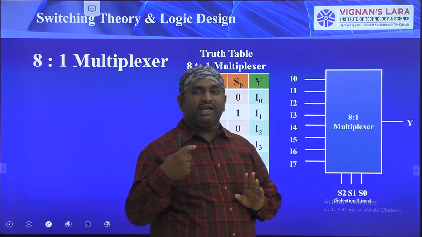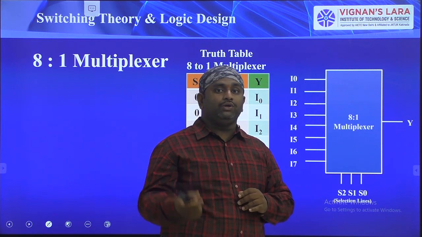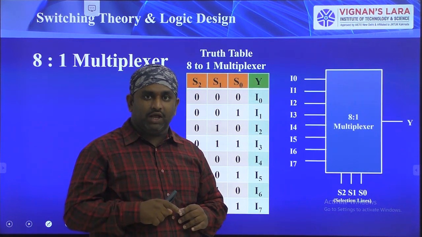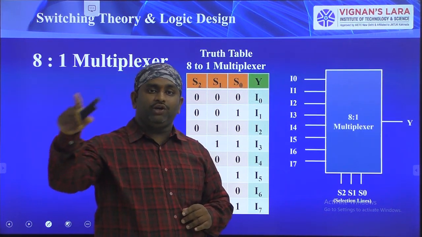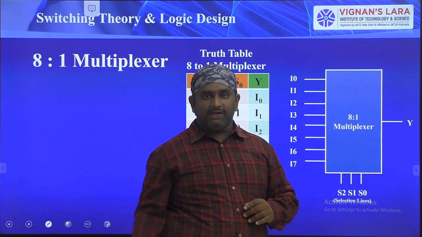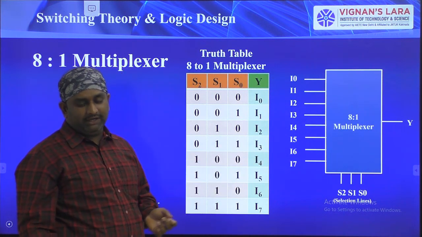If you want 500 channels, you have to take a 512:1 multiplexer. If you want 700 channels, you have to select a 1024:1 multiplexer.